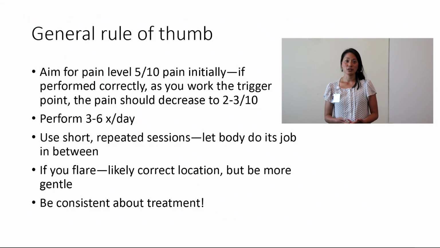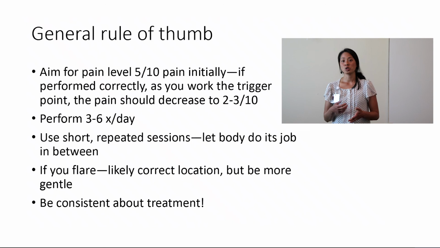So as a general rule of thumb, aim for a pain level that is about 5 out of 10 on the pain scale. Do not press harder for faster results. It's possible to cause further muscle spasms. You want to work on a trigger point about 3 to 6 times per day, applying gentle pressure until the pain level is about 2 or 3 out of 10. Don't expect to reach this goal in a single session.